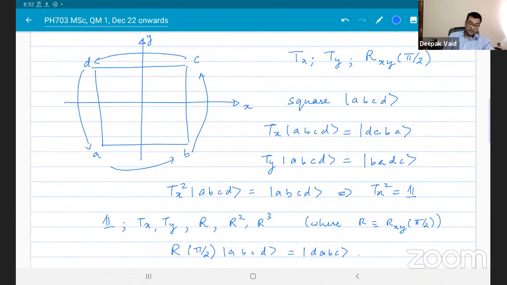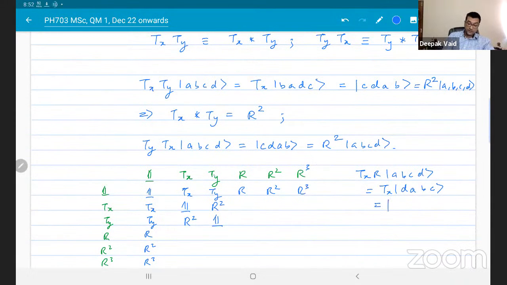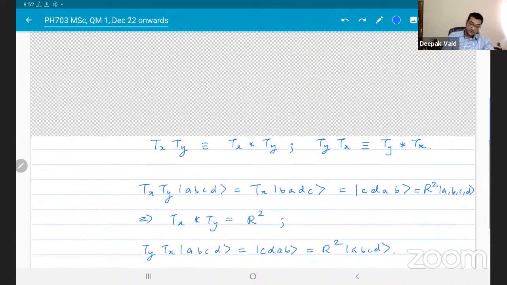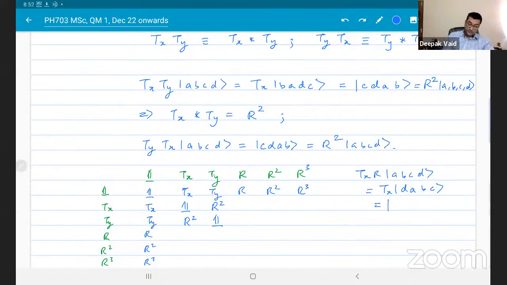And TX will then give me the inverse of that. So TX will give me C, what is it? Let me just make sure I'm not making a mistake. A, B, C, D, D, C, B, A, right? This will give me C, B, A, D. Okay. Now what is C, B, A, D?